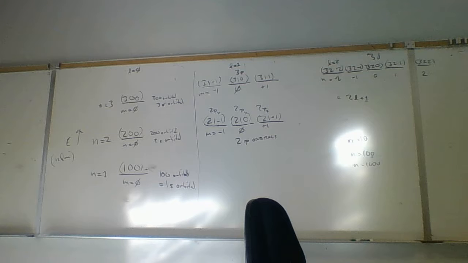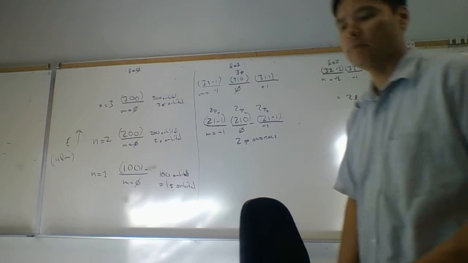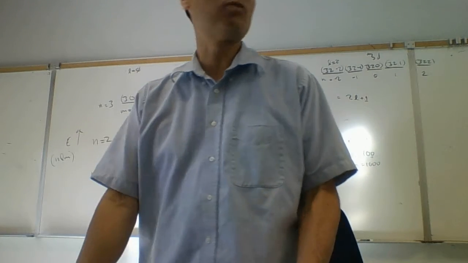And so, yes, in the 6H, I expect to see 11 allowed orbitals. What are they? Well, they're going to be 6, 5, negative 5; 6, 5, negative 4; 6, 5, negative 3, etc. Using this, we can generate the entire orbital energy level diagram if we wanted to.